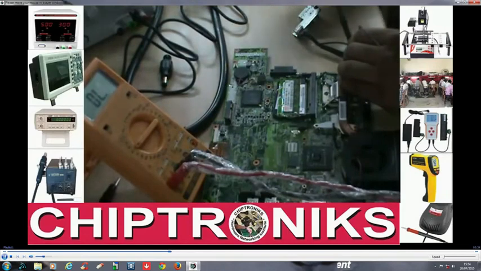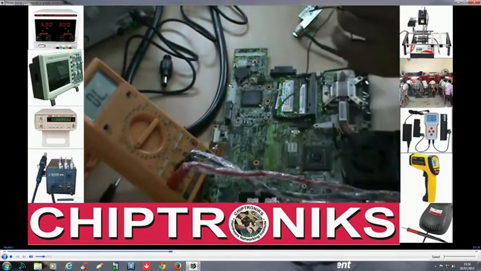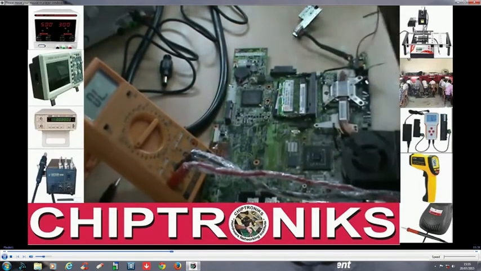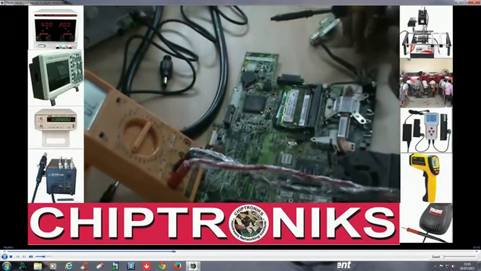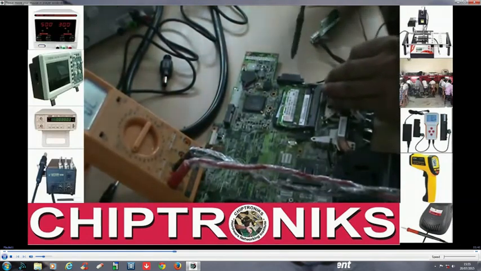I soldered this over here, because I get shorting over here also.